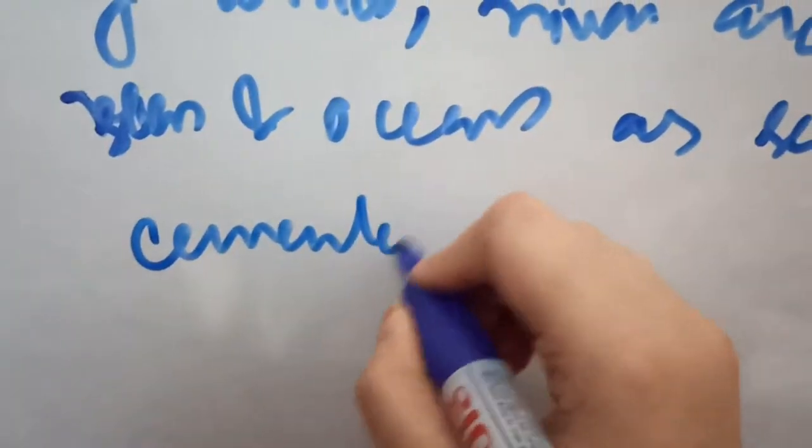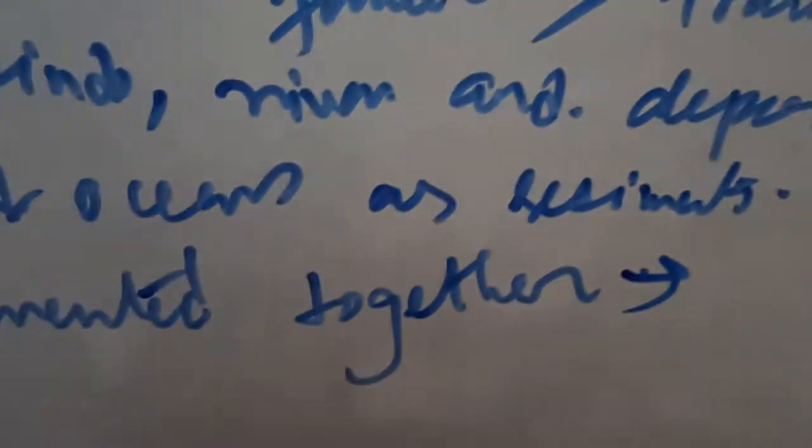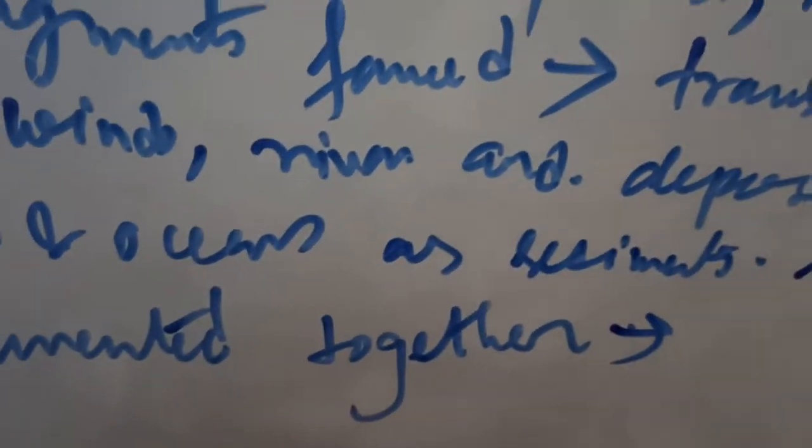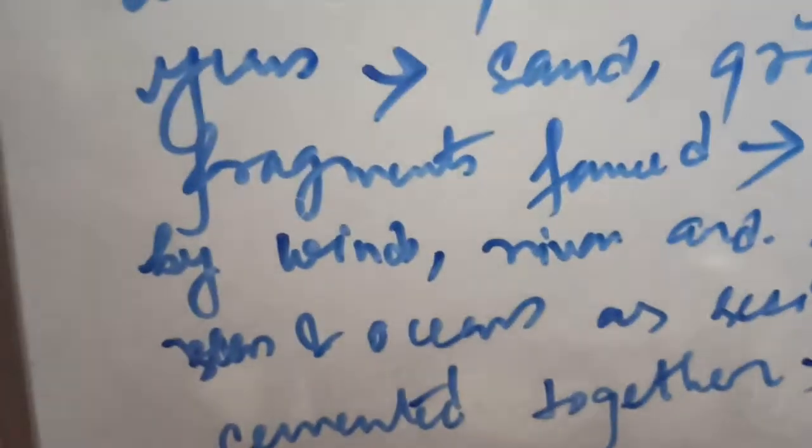Okay, with time all these sediments got cemented together and finally the sedimentary rock has formed. So this is how the sedimentary rocks have formed from the eroded materials of the igneous rock itself.